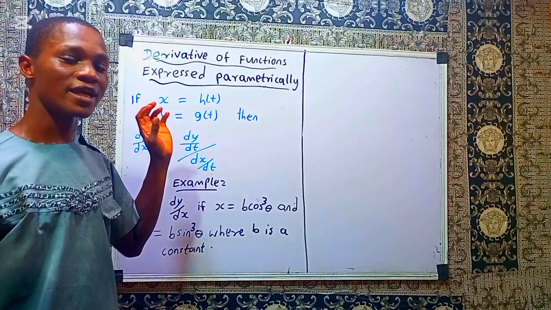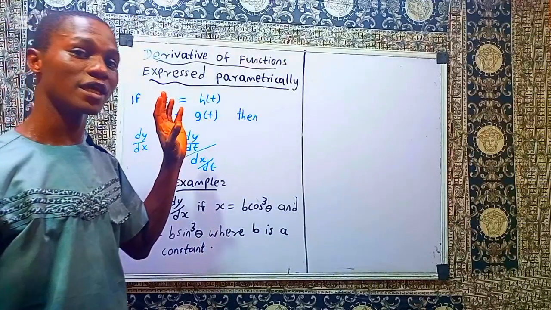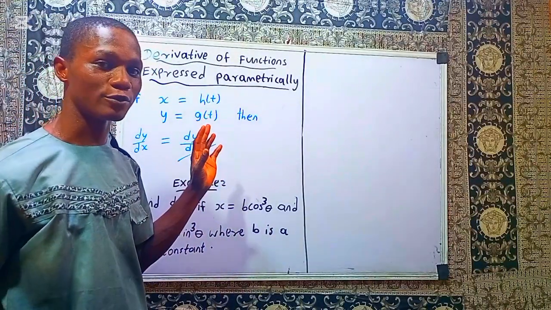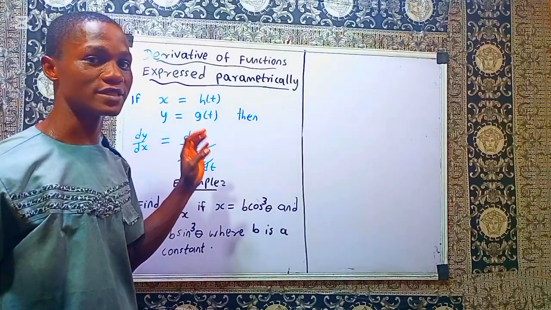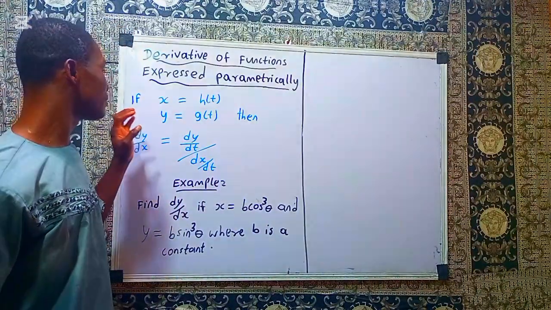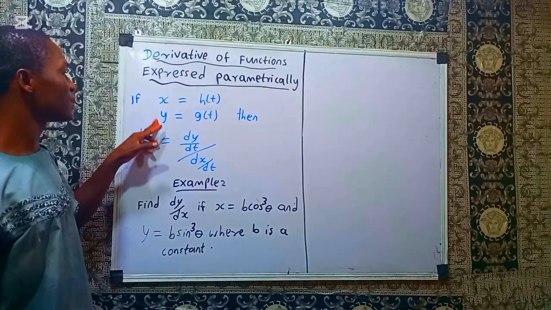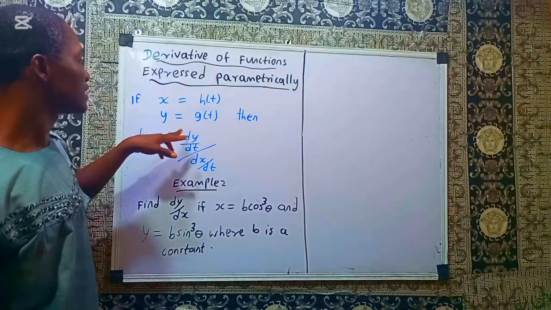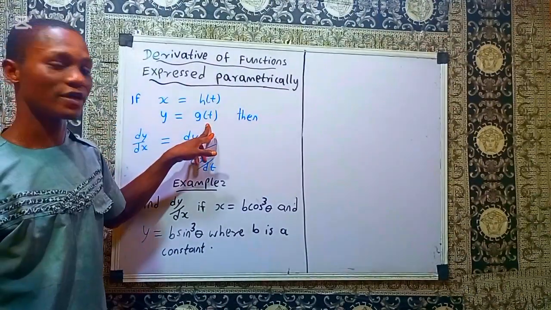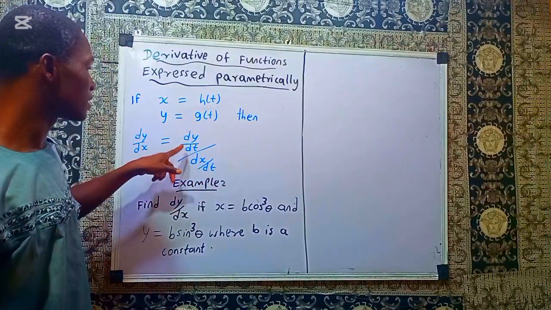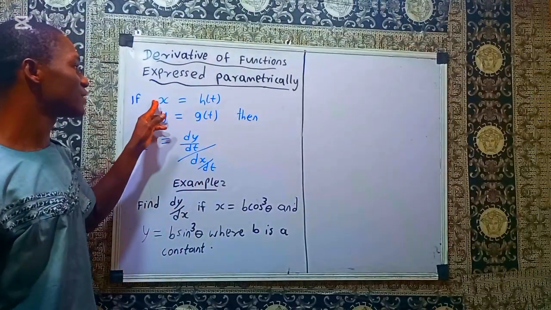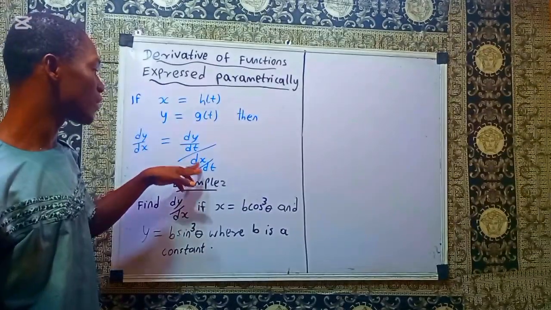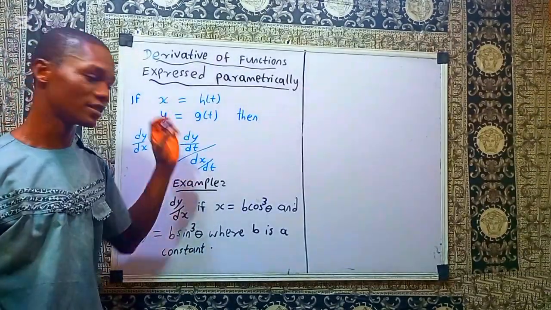So they can give you an equation that x and y are functions of the same variable, and they may change the variable t to another variable. But the main thing there is that the derivative of y with respect to x is the derivative of y with respect to that variable, we have t in this case, divided by derivative of x with respect to that variable, that's dy/dt over dx/dt, because we have t in this case.